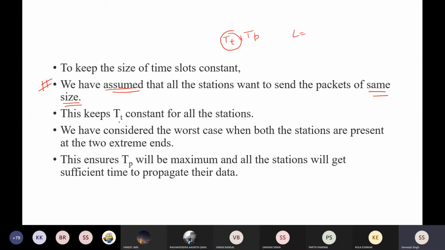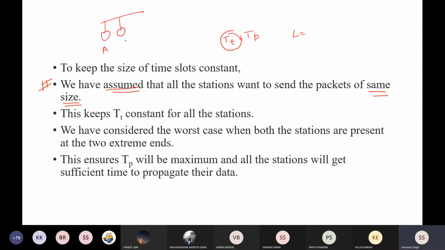So this keeps TT constant for all the stations. We have considered the worst case when the two stations are at the two extreme ends. That is why I have taken the example where one station is sending something to the other. Why is it called the worst case?